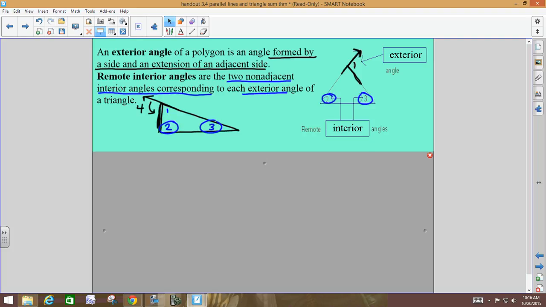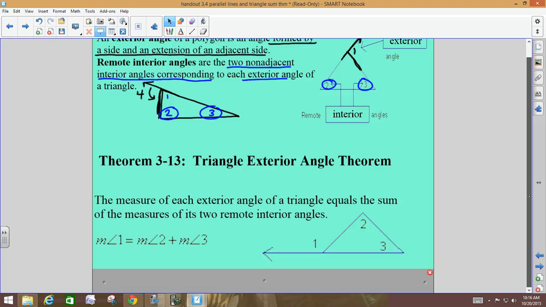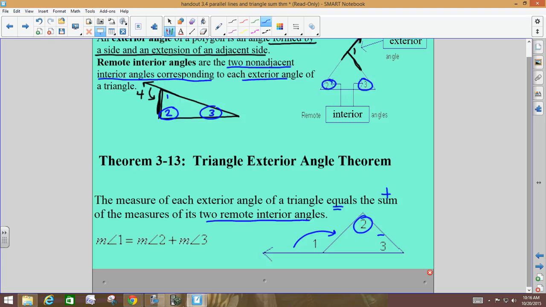The second theorem at the top is called the exterior angle theorem, which states the measure of each exterior angle equals the sum of the two remote interior angles. So the measure of angle 1, since it's on the outside, is going to equal the sum of 2 and 3 together.